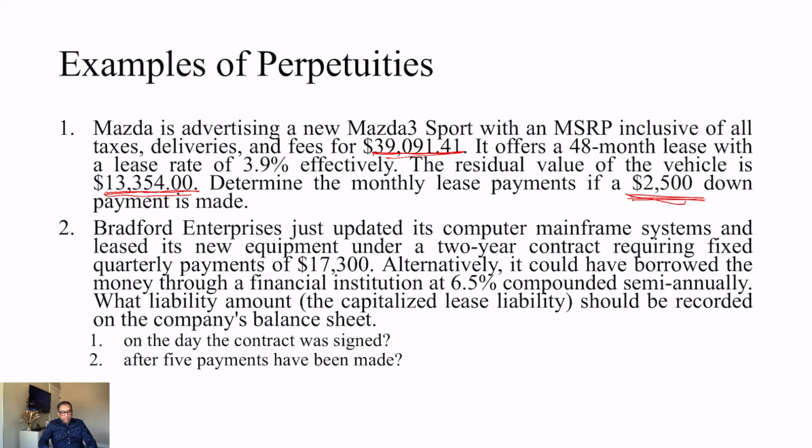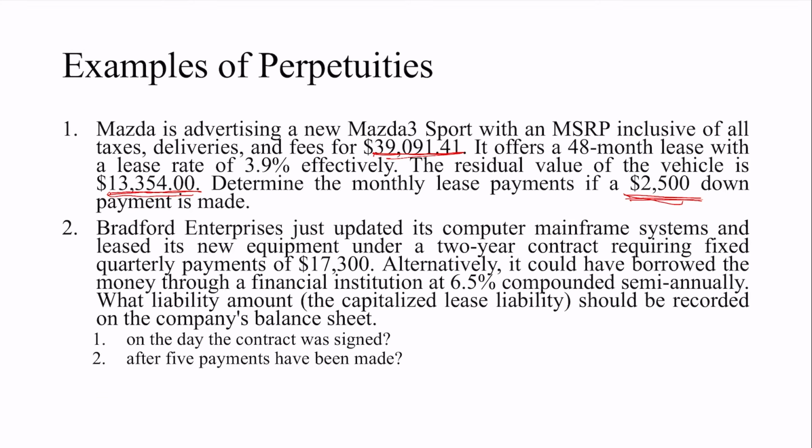Let's do this question this way. We want to calculate the lease payment. As step one, we have to calculate the present value of the residual value, or the present value of the buyout price.